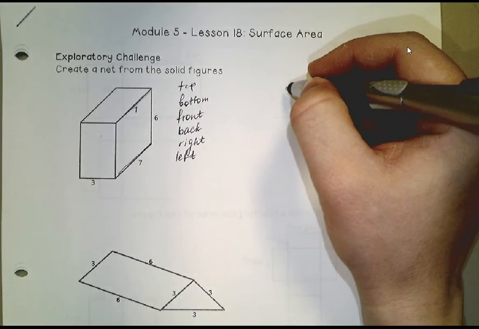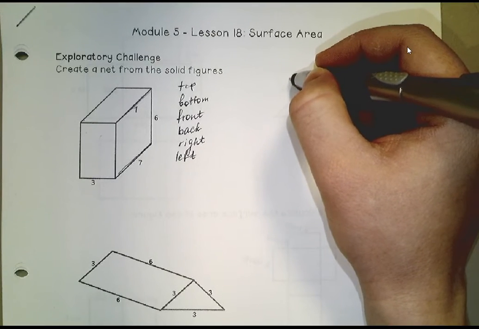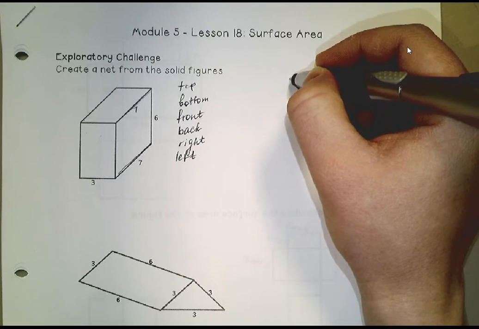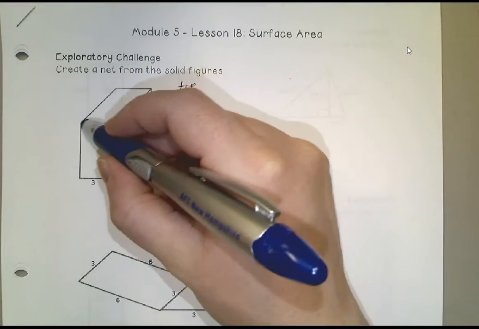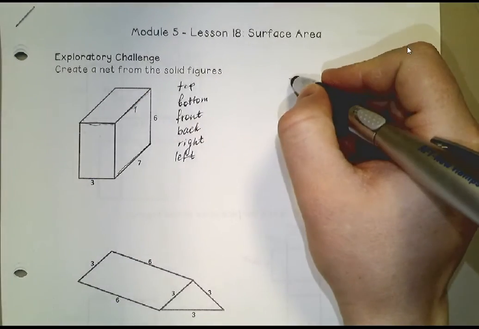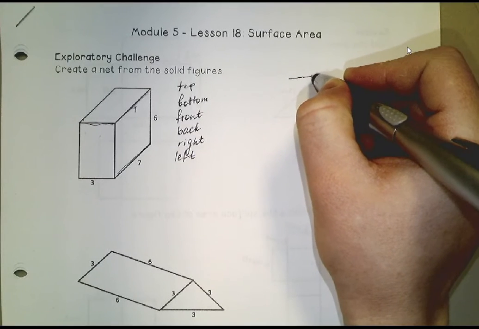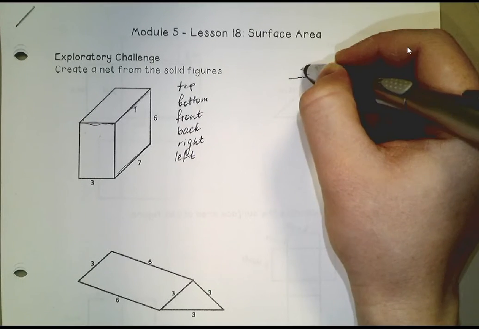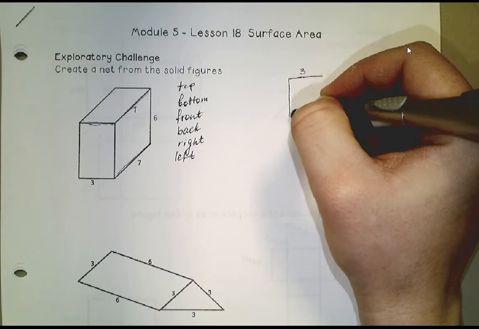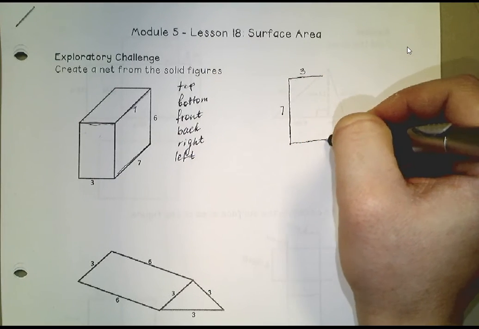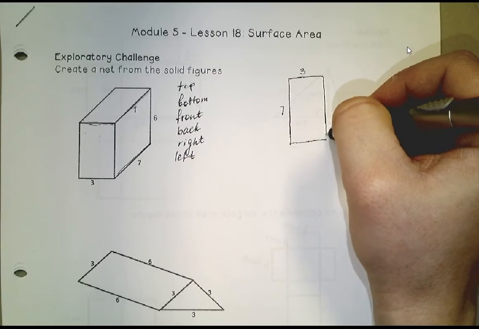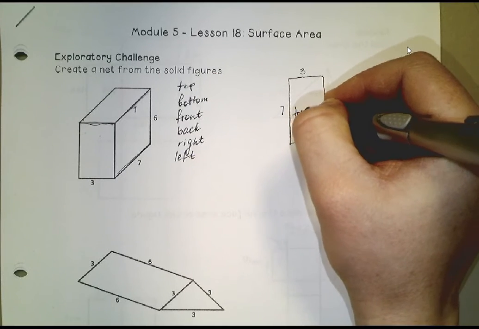So my top of the shape is going to be 7 units long and 3 units wide. So I'm going to draw it this way. Let's do 3 units right here and 7 units right here. This is the top, and I can label it top.